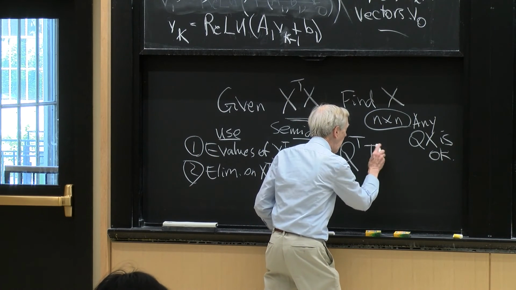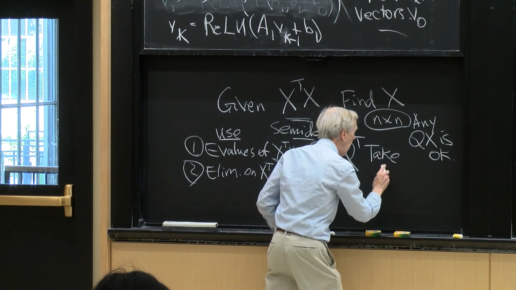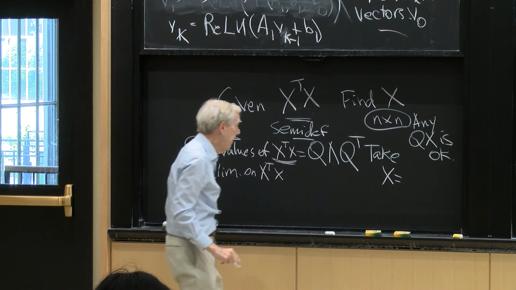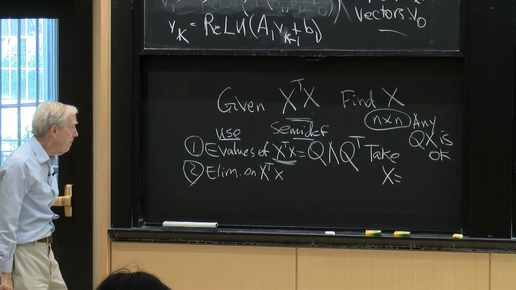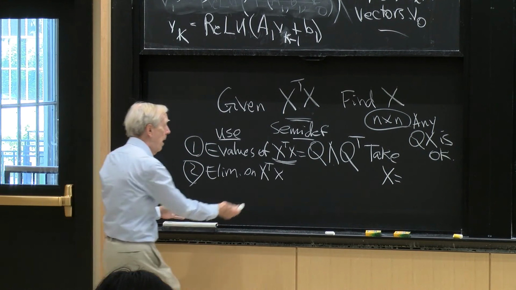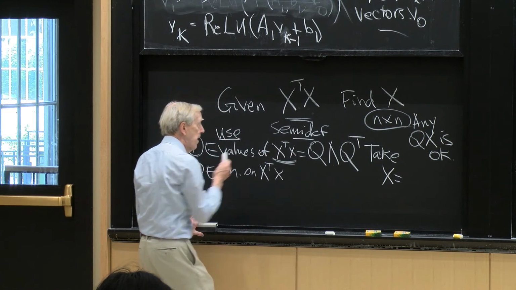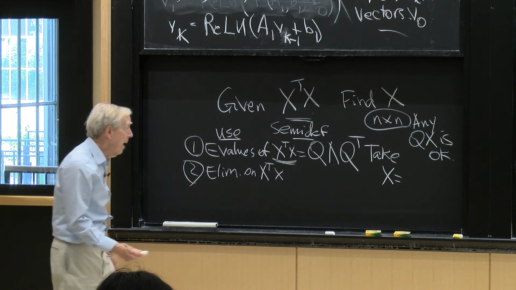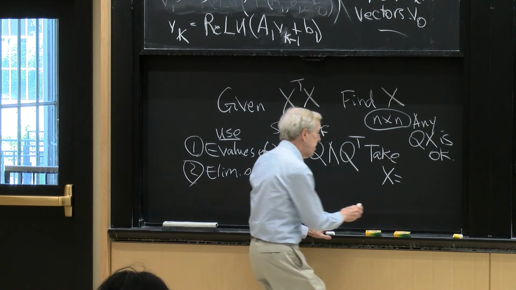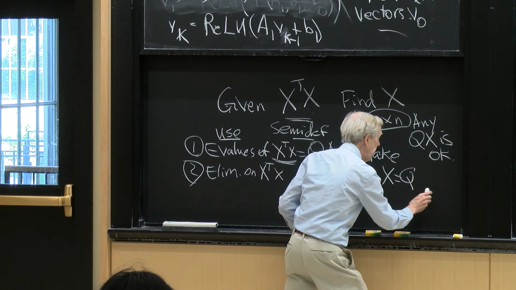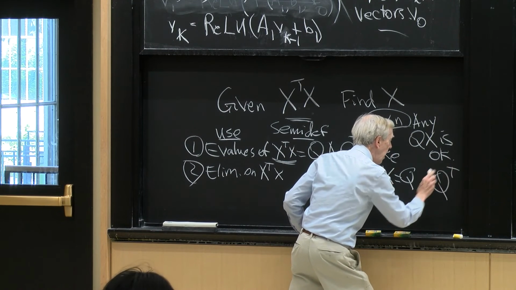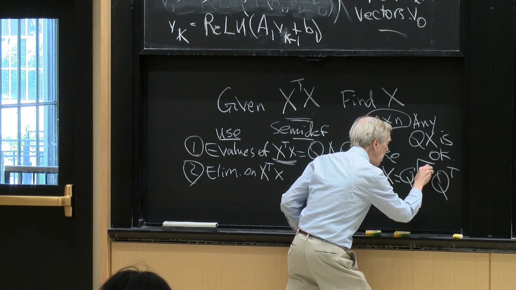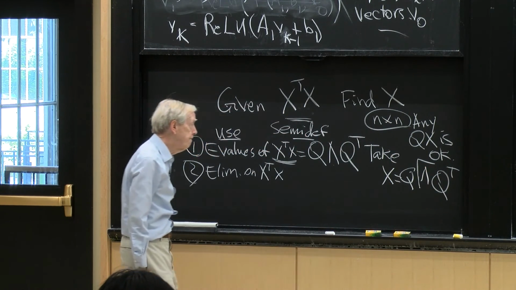Then take X to be what? I've got the eigenvalues and eigenvectors of X transpose X, and I'm looking for an X that will work. One idea is just to take the same eigenvectors, and take the square roots of the eigenvalues.